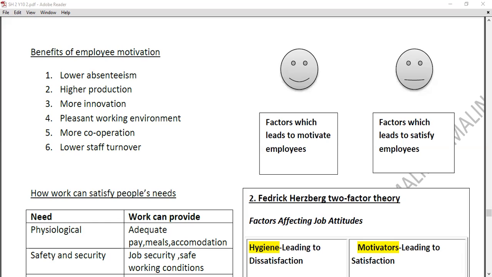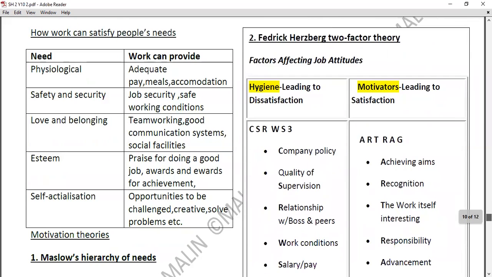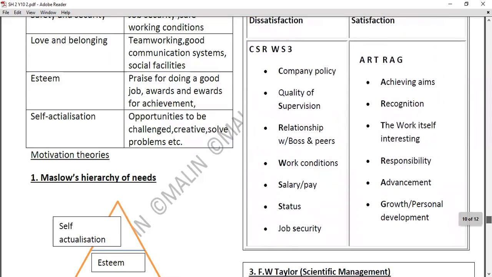So I can summarize these factors in my short note material. You can see these factors are normally classified like this in a table called hygiene factors and motivator factors. Main hygiene factors, we can summarize as CSRWS3.